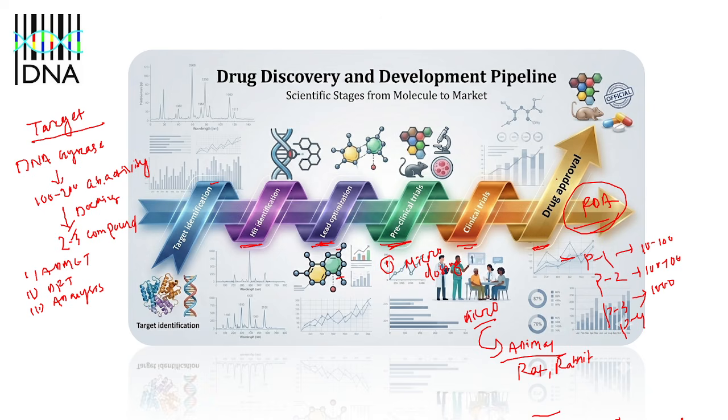After the drug is approved, it is used for mankind, and in the phase 4 study, we look at the side effects of the drug molecule, the long-term side effects. If a person is taking that drug, what side effect may arise in the long term? So this is the pipeline of drug discovery and drug development.